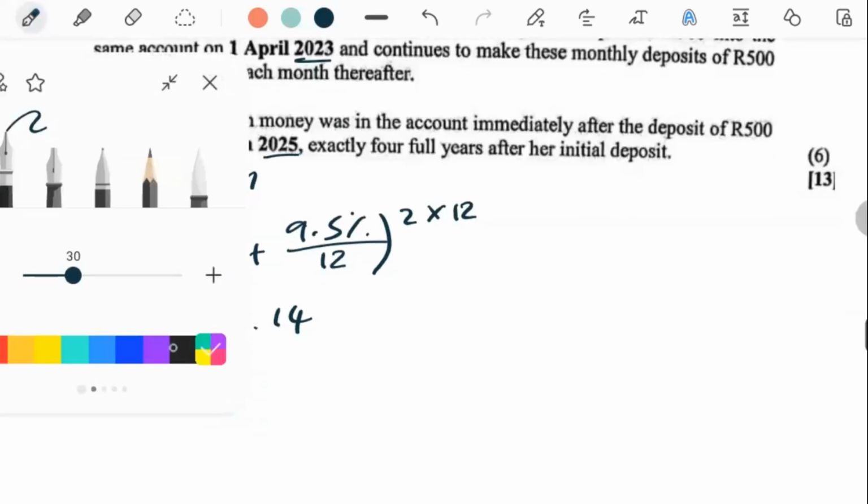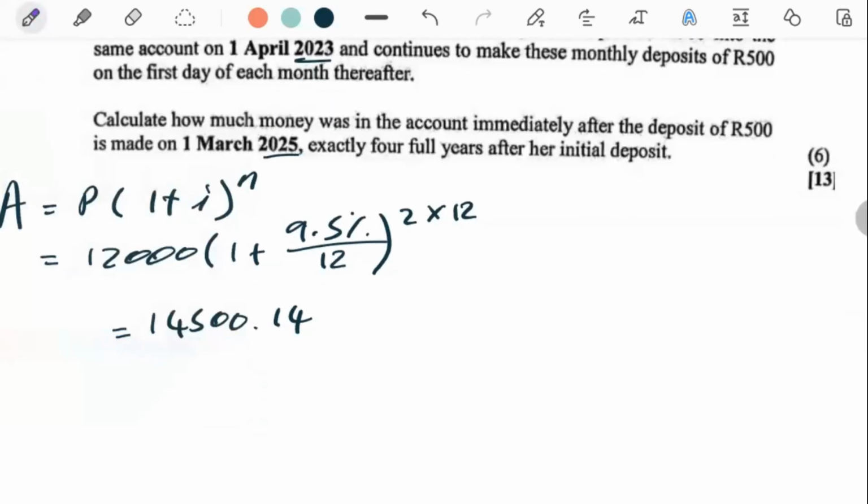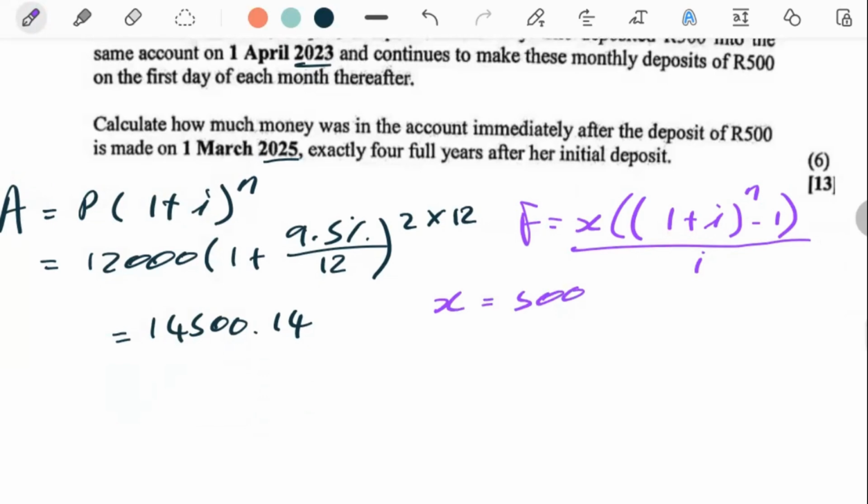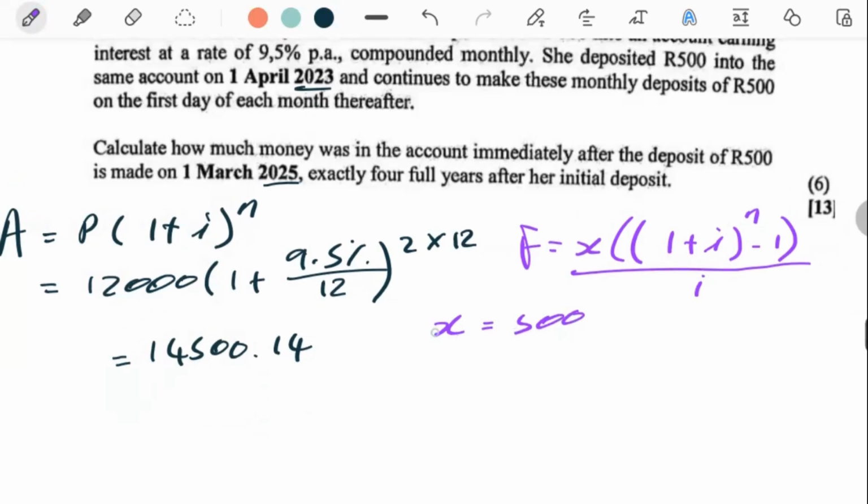So when we're thinking of monthly installments, we immediately need to introduce the F formula. So if we introduce the F formula, it means that our X value is 500. Interest rate seems to have just stayed the same, 9.5% per annum compounded monthly. And then our value of N, we have to be careful here, right?